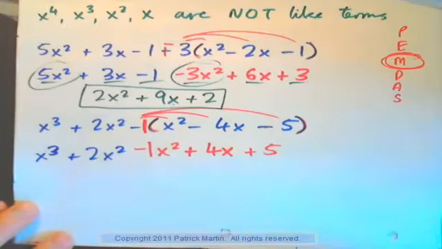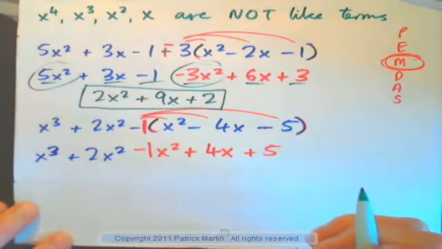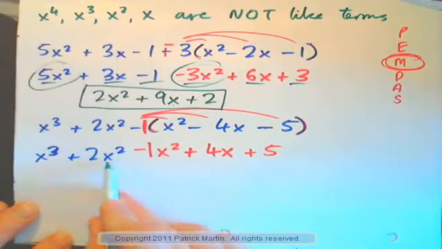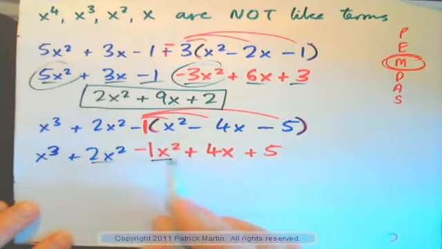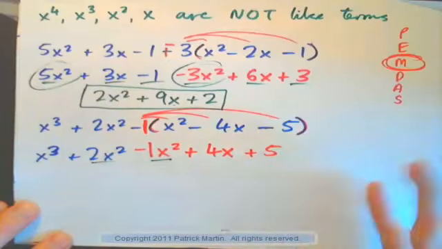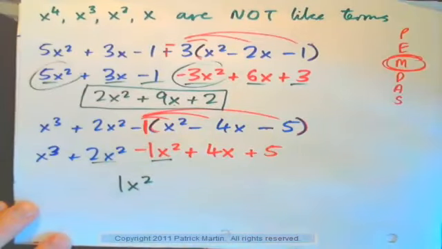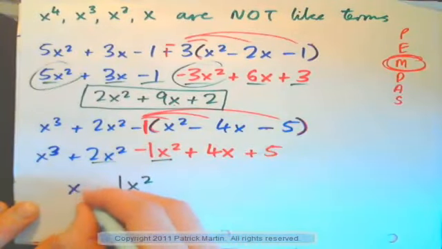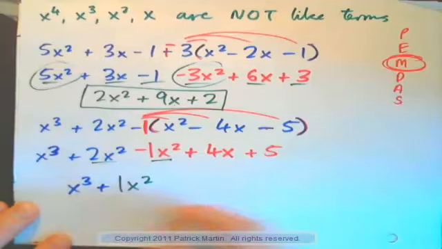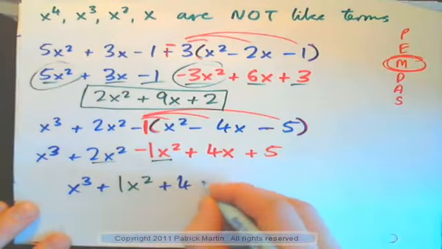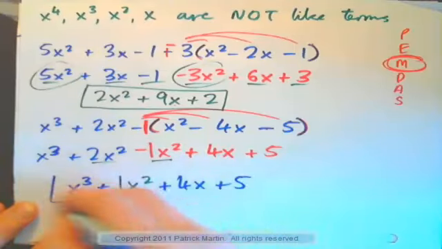And now add like terms. Well, I've got one x cubed term. I have two x squared terms. I have one x term and a number term. That's all. So the only ones I can put together are the x squareds. Put these together and they give me 1x squared. Write everything else down. I have x cubed, or x to the power of 3, plus 1x squared, plus 4x plus 5, and that's the final answer.